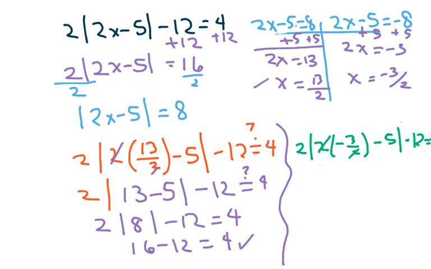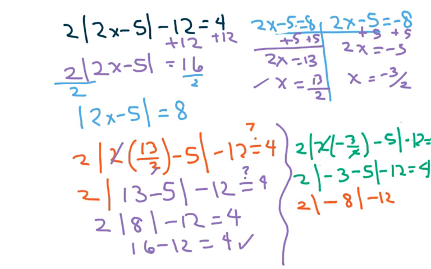So I'm going to simplify that here. Hopefully you are writing this down: negative 3 minus 5, minus 12. Now, this quantity inside here is negative 8, so we get 2 times the absolute value of negative 8, minus 12. Does that equal 4?